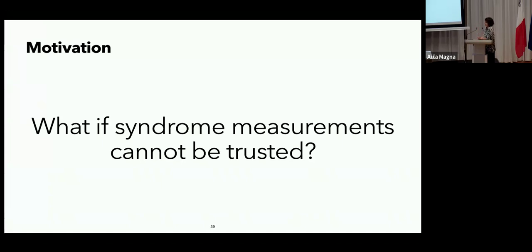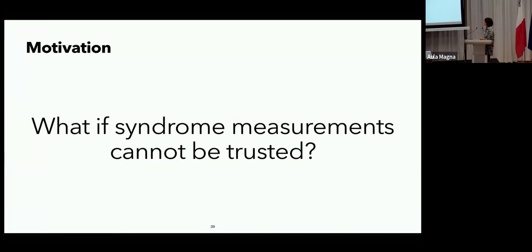So the problem is that in the error correction picture with stabilizer codes, what we do over and over again is syndrome measurements, basically. So we could use those for the coding purposes, or we could use those to do lattice surgery and then logic.